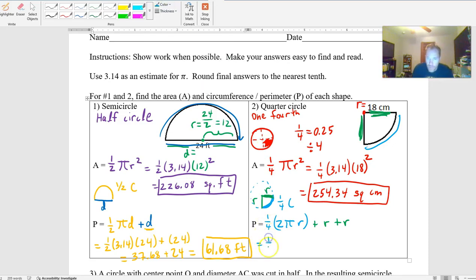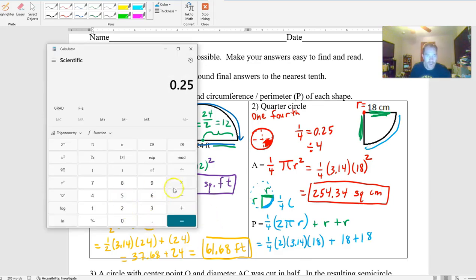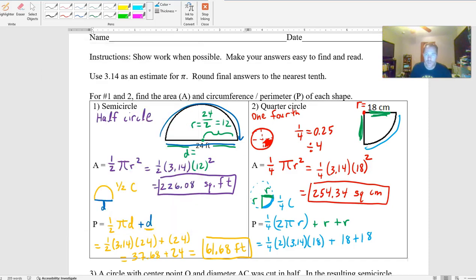So we'd have 1/4 times 2 times, we'll do 3.14 for pi, times our radius of 18. But then we're going to add in the radius 2 more times. So let's see, what do we get on the calculator with that? 0.25 for 1/4 times 2 times 3.14 times that 18 gives us 28.26.